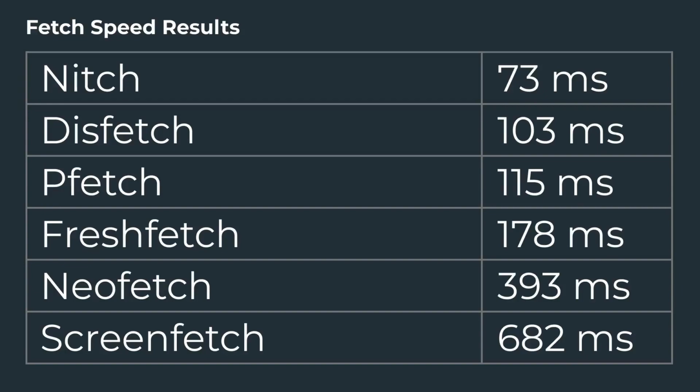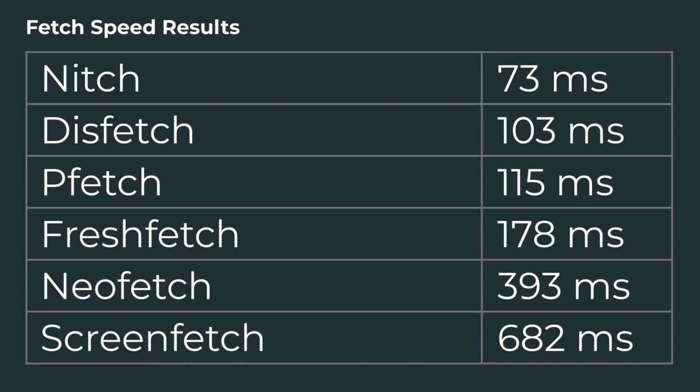Okay, here are our results for the speed test. As you can see, Nitch comes in by far the fastest with only 73 milliseconds. But the other two micro fetch applications are not far behind. The micro ones don't have to pull as much information, so obviously they are going to move a lot faster.